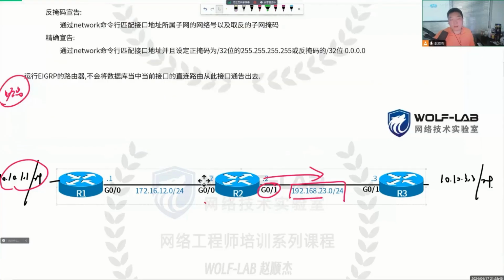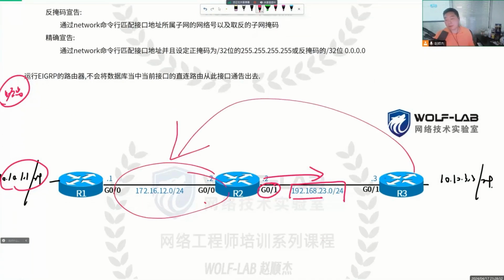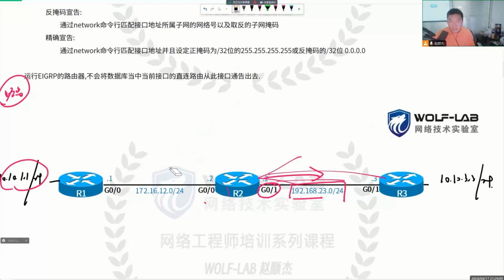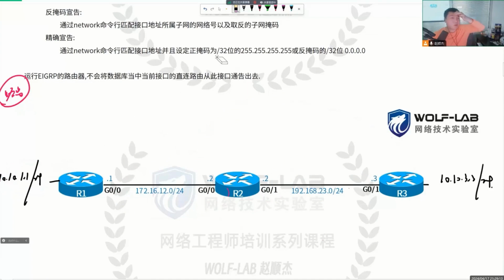Except for the direct route of 192.168.23.0 in R2's database, I can announce all other route entries. Of course, this is from the R3 channel. This one will not be announced.